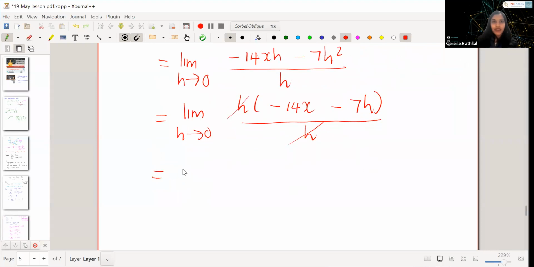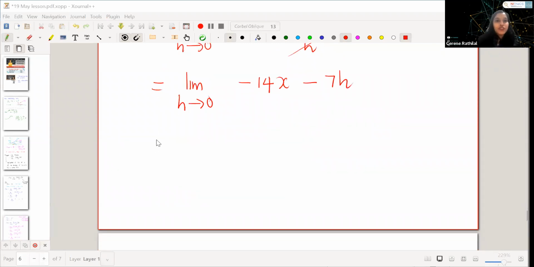And this leaves us with calculating the limit as h approaches 0 of the following expression, negative 14x minus 7h. Okay, let's check the chat box once more. Wonderful, thumbs up, so we're all following.